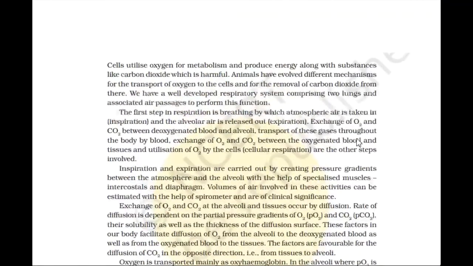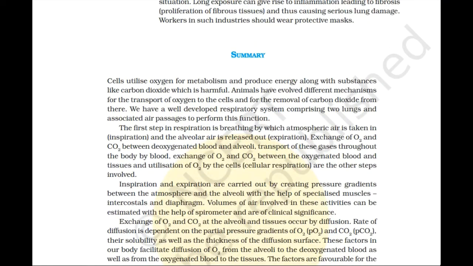Let us see the last part of this chapter, the summary. Cells utilize oxygen for metabolism and produce energy along with substances like carbon dioxide, which is harmful. Animals have evolved different mechanisms for the transport of oxygen to the cells and for the removal of carbon dioxide from there.